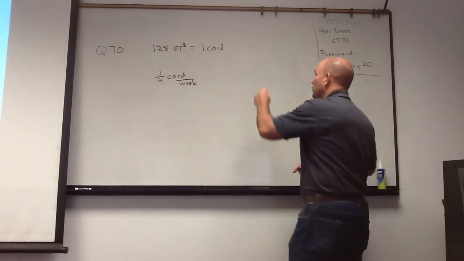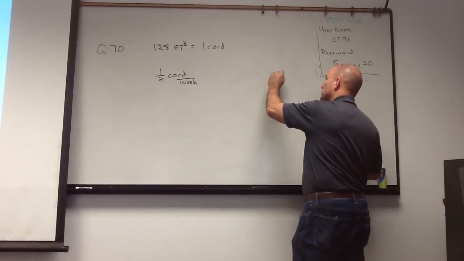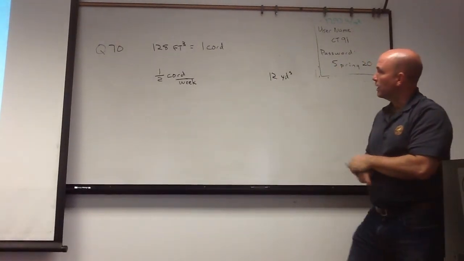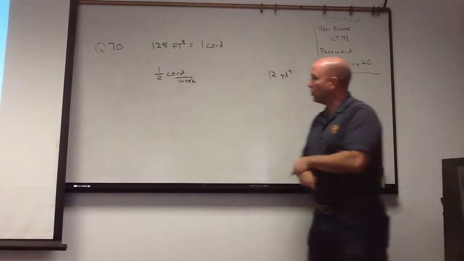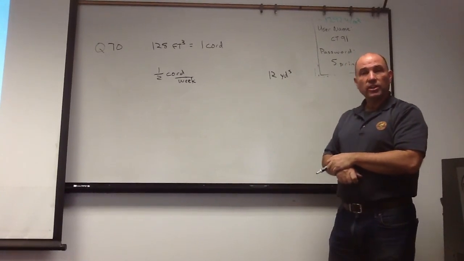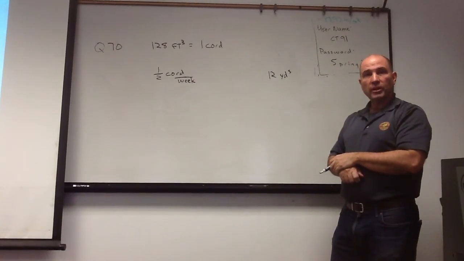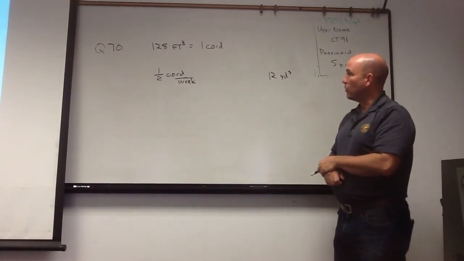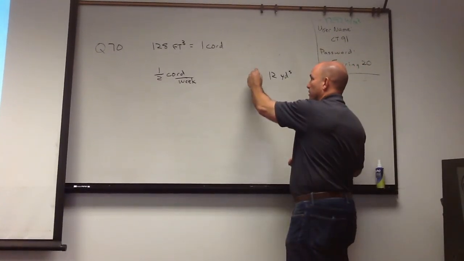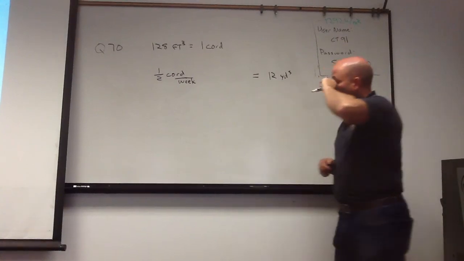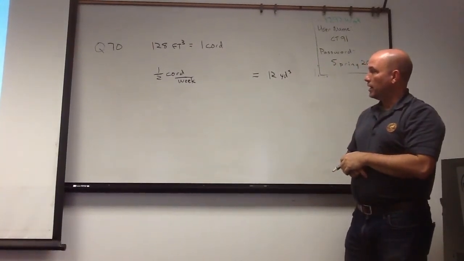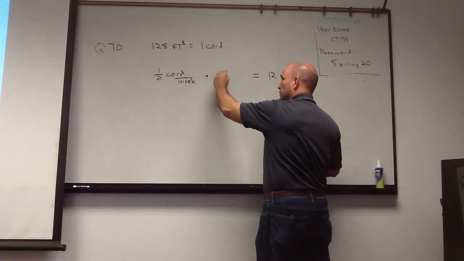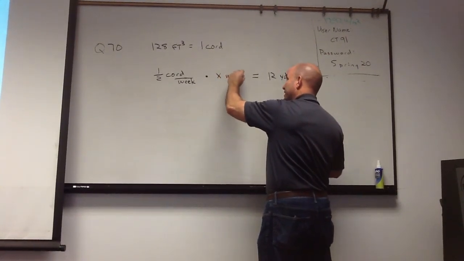So we have 12 cubic yards of wood, and we're going to burn a half a cord per week, and the question is, how many weeks will we last? Well, what do we do with that? Well, trying to figure out where to put the numbers, we're trying to figure out how many weeks, right? So that's the x part, right?